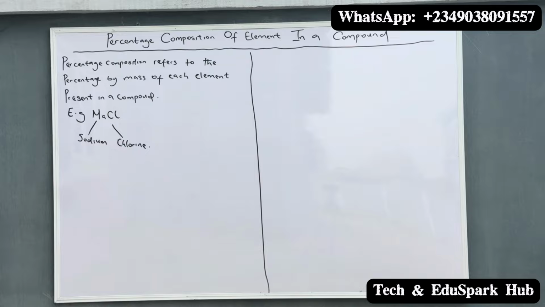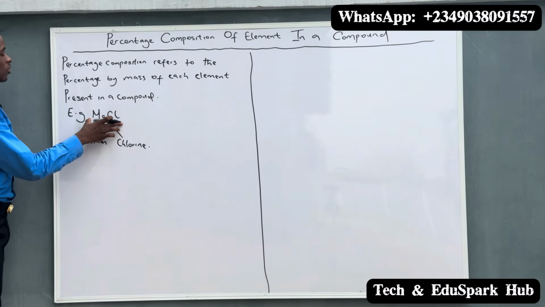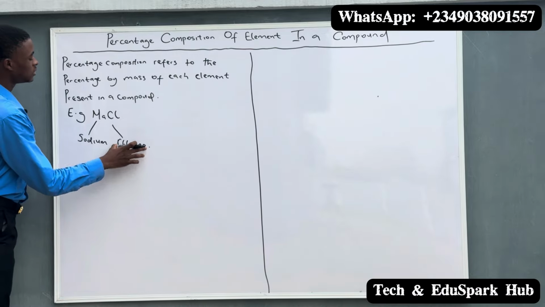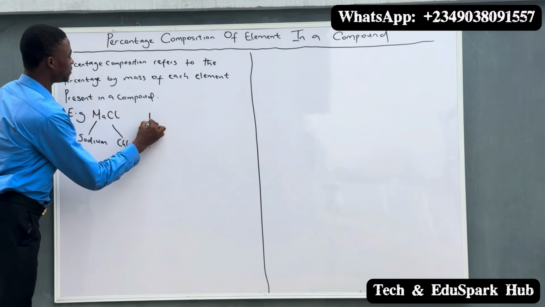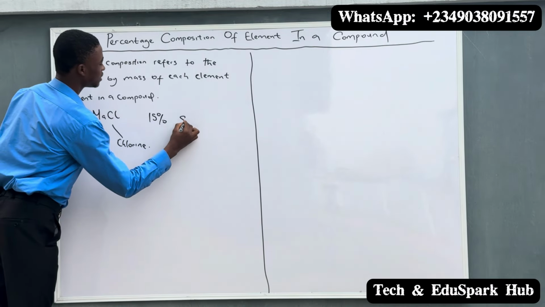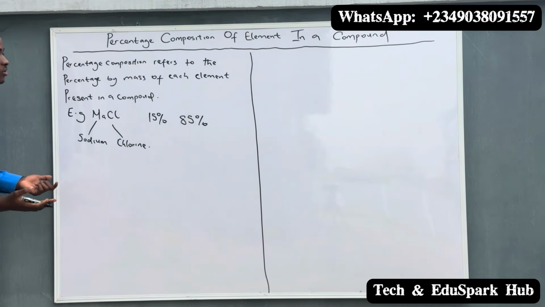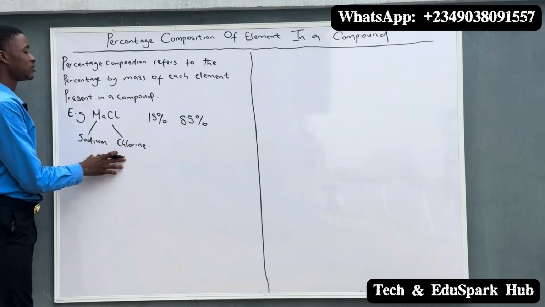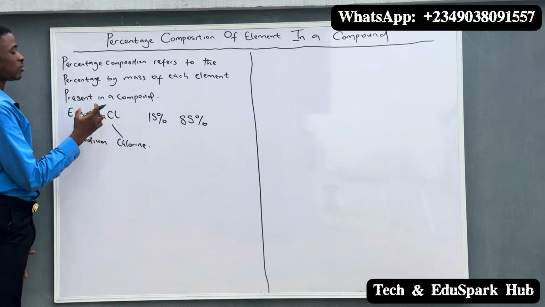So what this percentage composition does is that it tells us what amount of sodium makes up this compound and what amount of chlorine makes up this compound in percentage. So maybe you can say 15% of sodium is in this compound, and maybe we can say 85% of chlorine is in that compound. So this is what the percentage composition is telling us about. It makes us know the percentage of each element present in a compound.